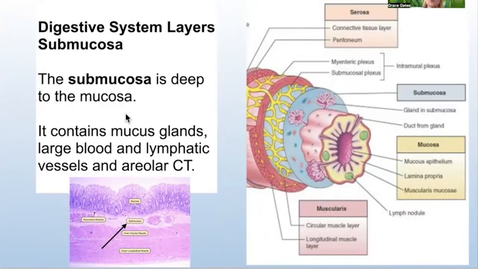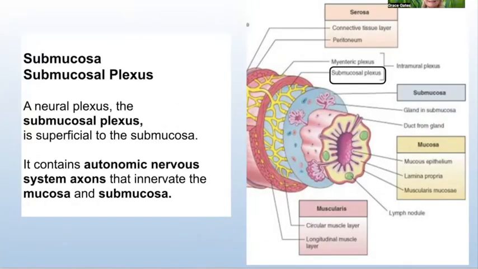Next, the submucosa is deep to the mucosa. It contains mucus glands, large blood and lymphatic vessels, and areolar connective tissue. A neural plexus, the submucosal plexus, is found in the submucosa. When I say superficial or deep, I'm talking about going from the outer wall of the digestive tract to the inner wall.